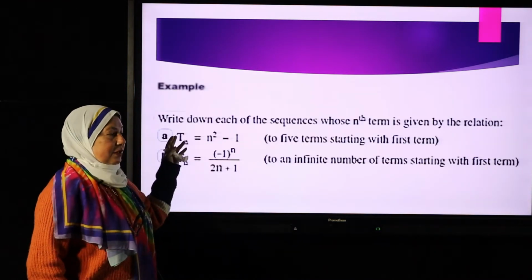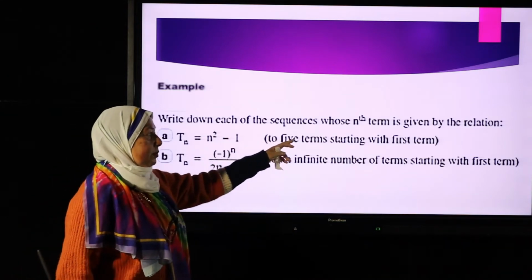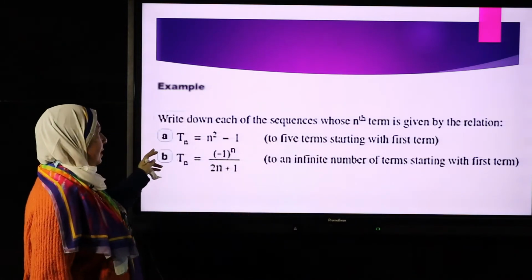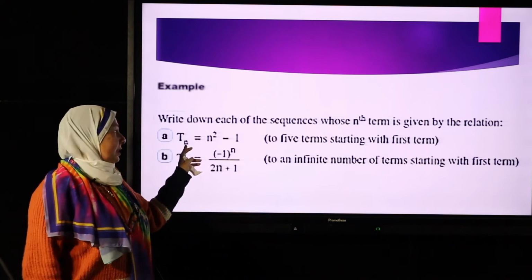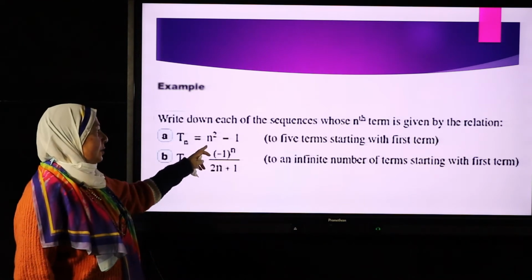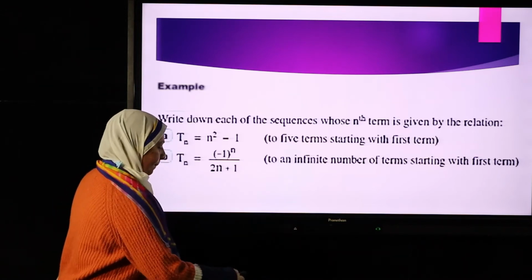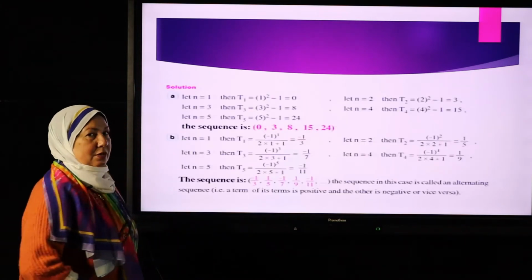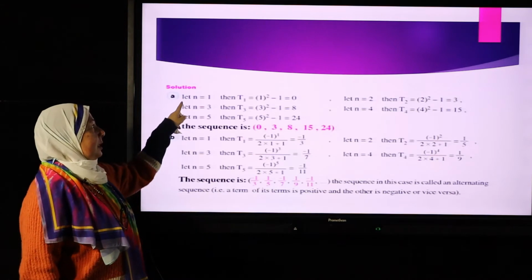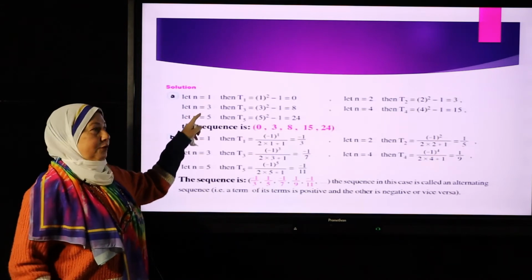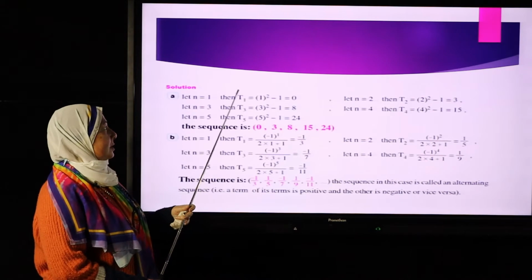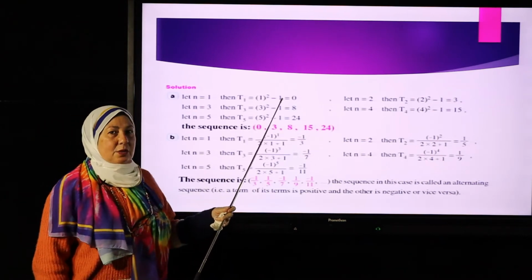Write down the first terms of each sequence whose nth term is given by Gn equals n squared minus 1. With substitution, first term, let n equal 1. Therefore, first term equals 1 squared minus 1 equals 0.